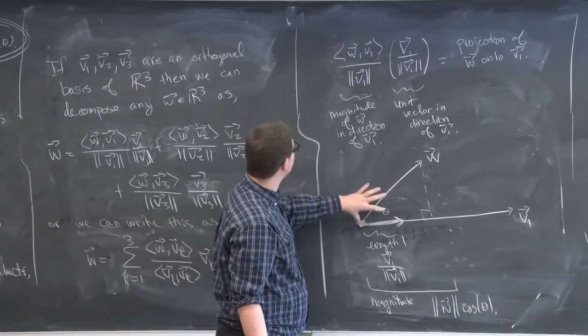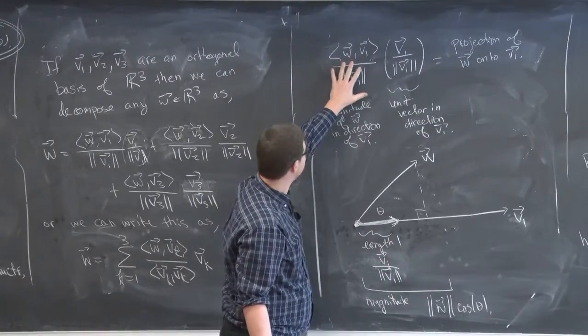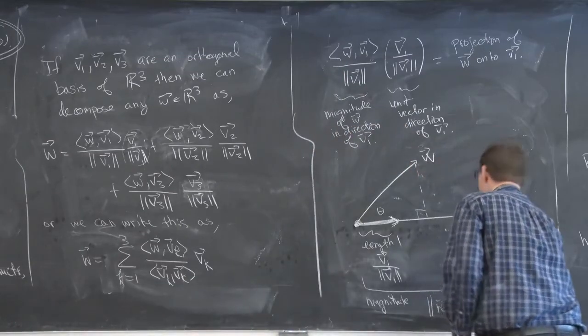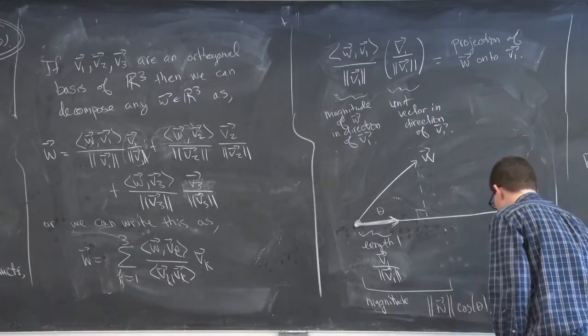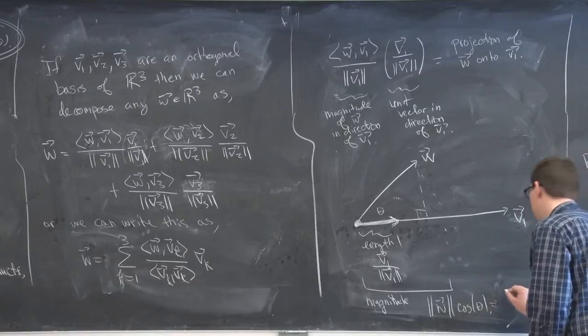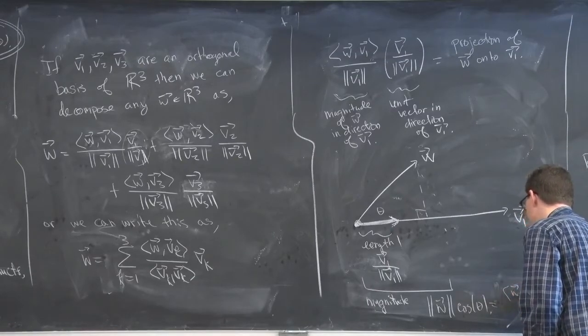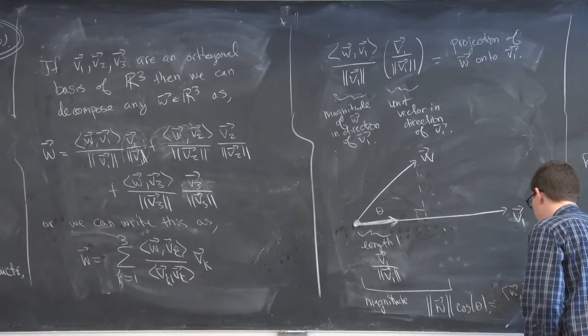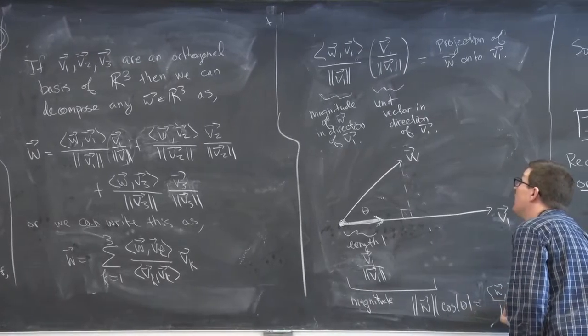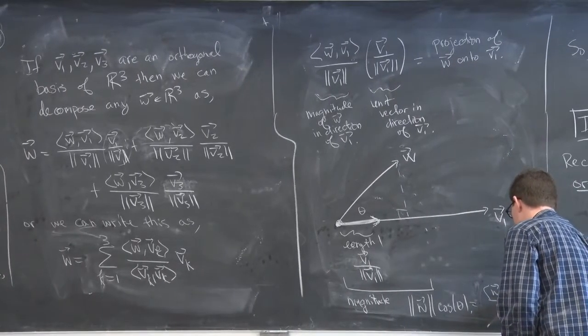So this is equal to W dot V1 over the magnitude of V1.